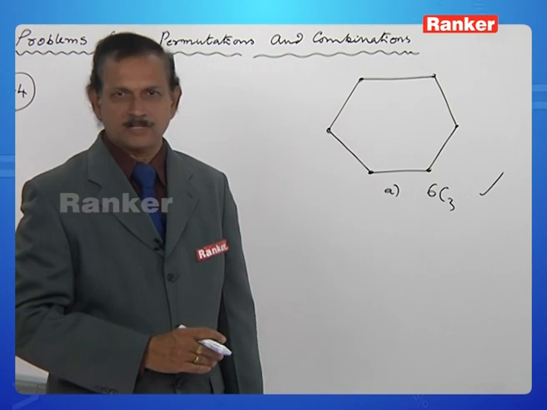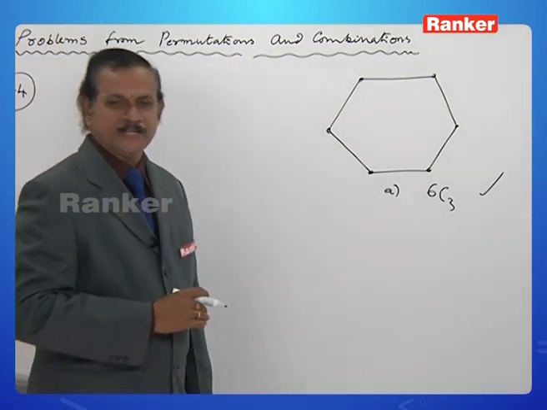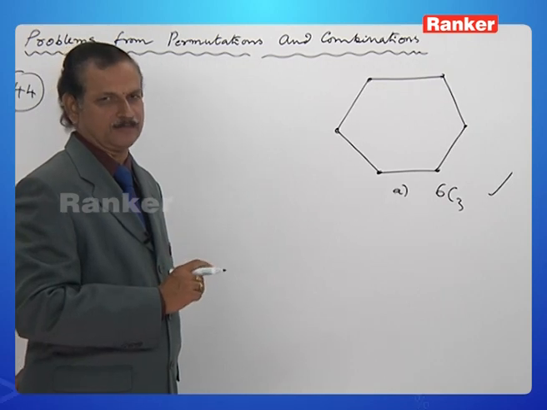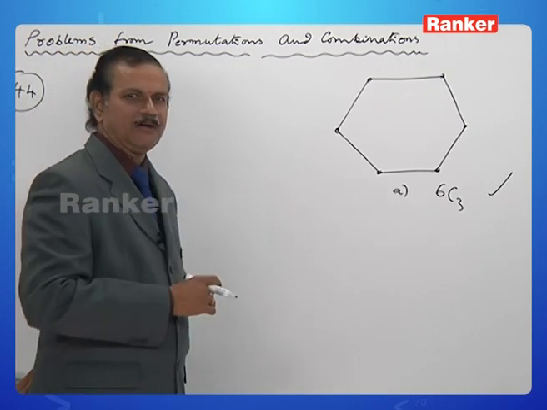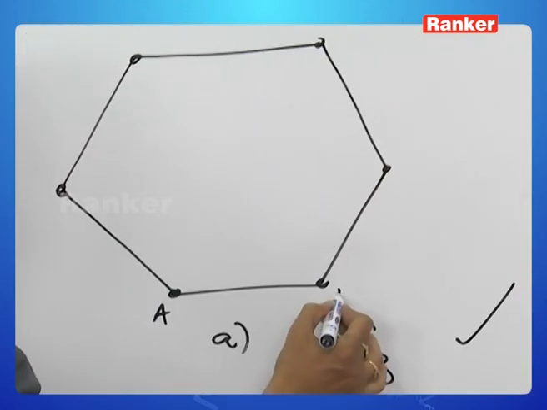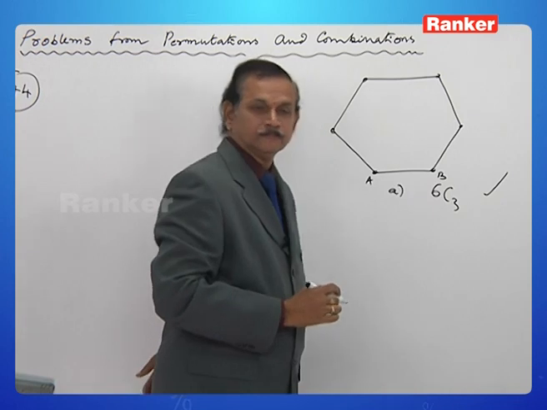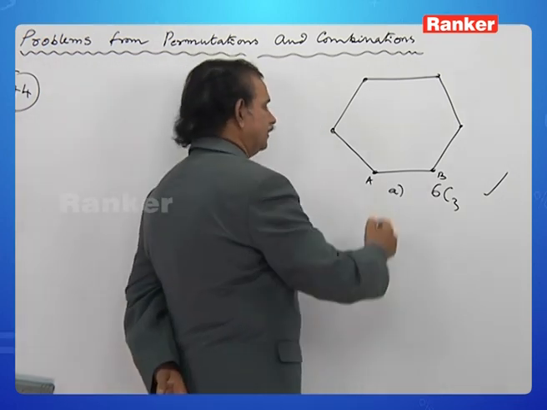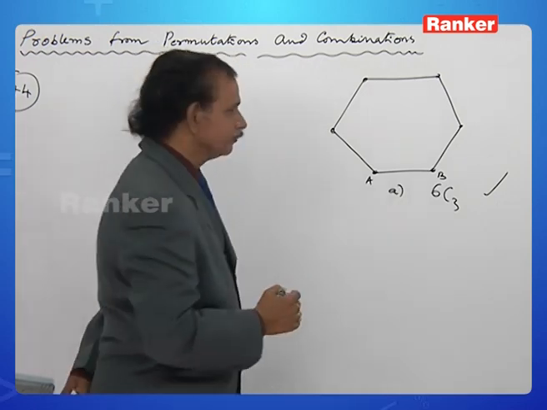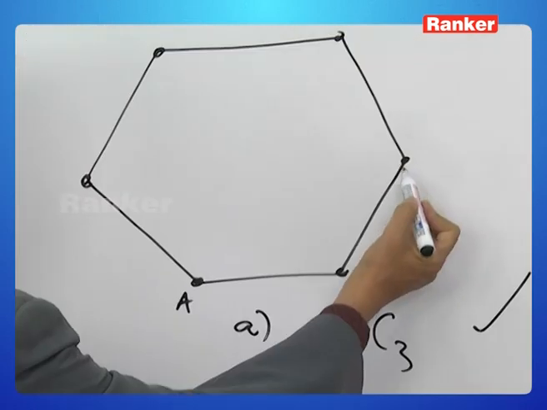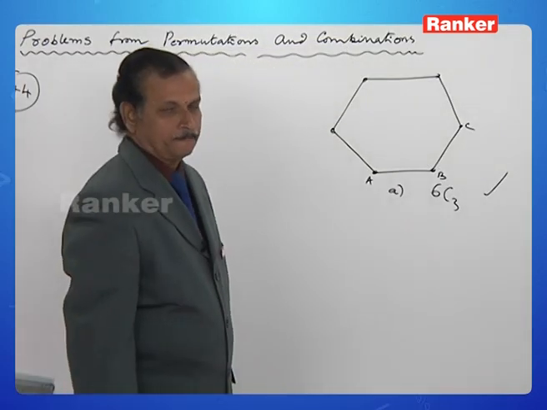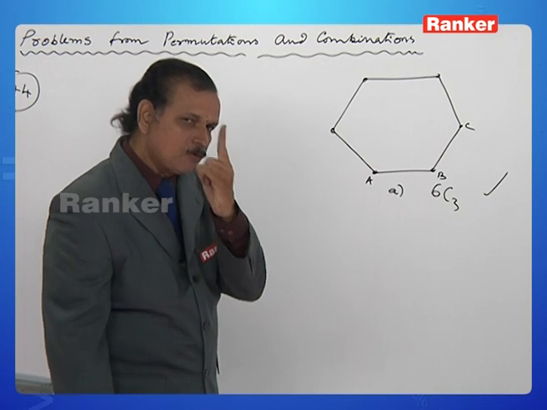So, let us now think of the second option also. Number of triangles with exactly one side in common with that of the polygon. Let us now have a check. Let me name this A, and B. How many triangles will be there with this AB as a common side? Well, if 2 vertices have already been chosen, you are to select one more vertex.